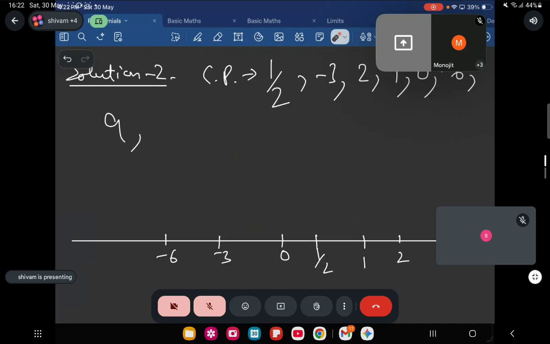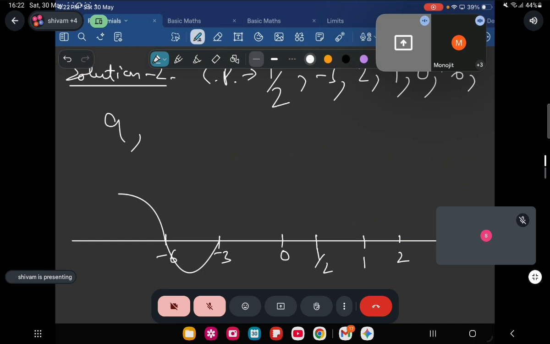Now tell me, -6 is simple or double? Simple. -3 is simple or double? Simple. Okay, I'm trusting you people. 0 is simple or double? Double. Half is simple or double? Simple. 1 is double. 2 is simple or double?